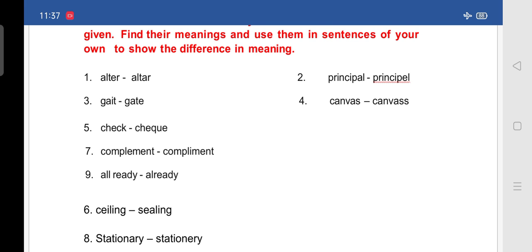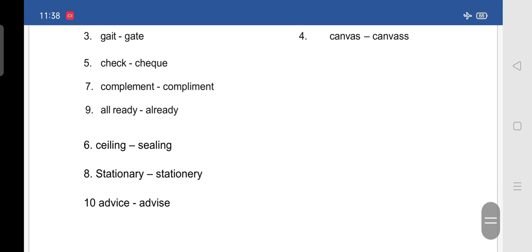So you see here: alter, principal, gate, canvas, check, compliment, already, ceiling, stationary, advice. If we pronounce them, we can feel the same pronunciation, but if you see, there is a slight difference.